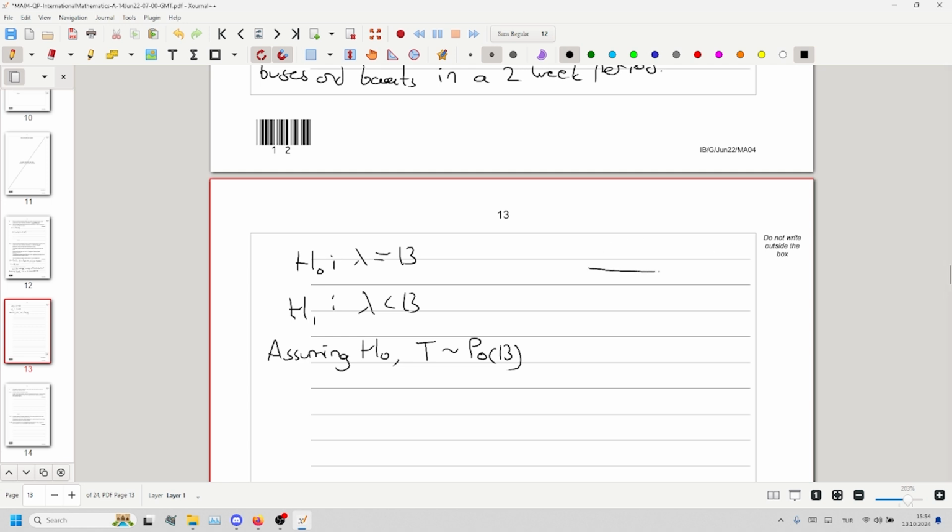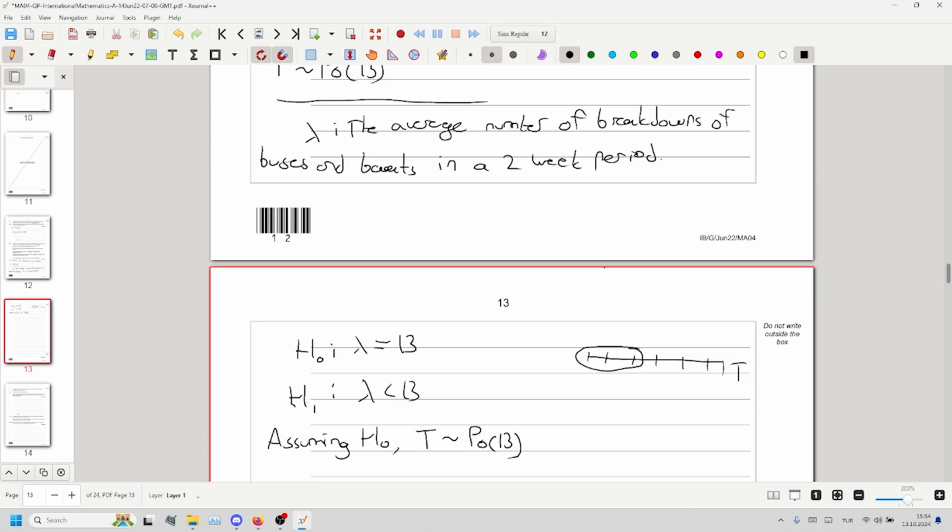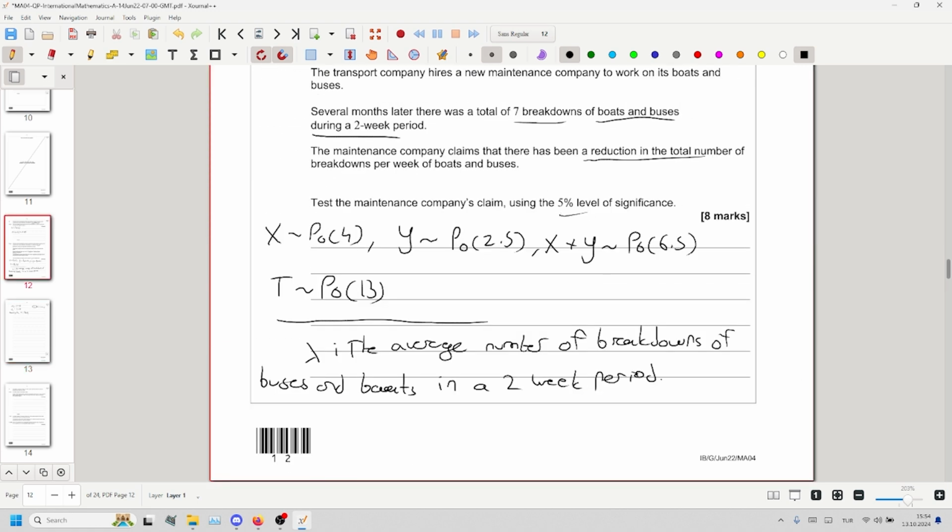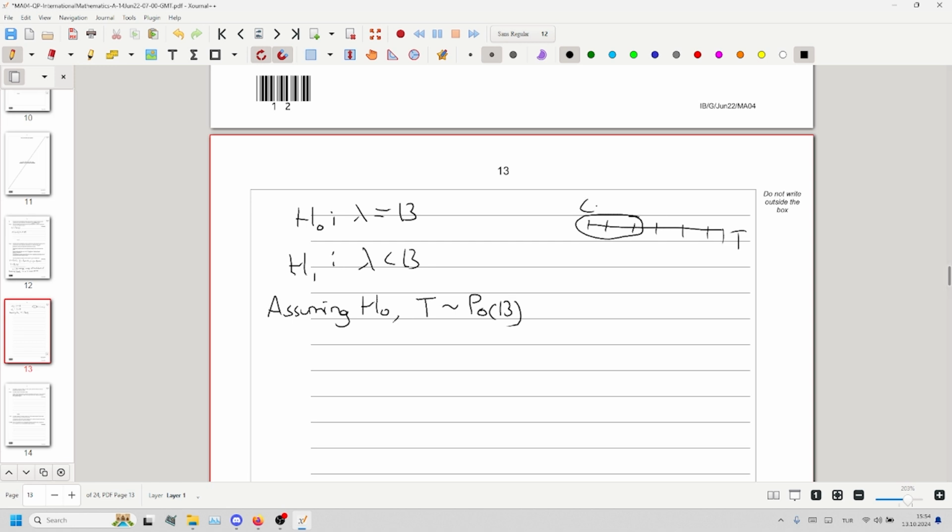So if you think about the number line of T, we need to find the values in which there's going to be some critical region such that the sum of the probabilities in this region is less than 0.05, which is our level of significance.